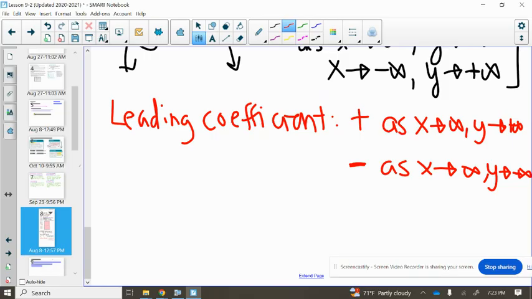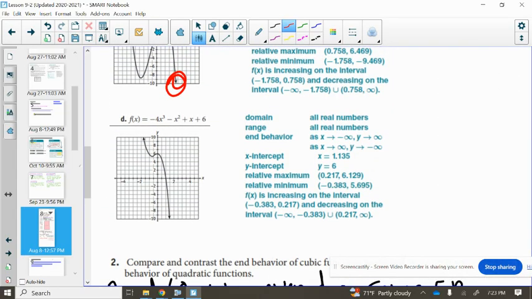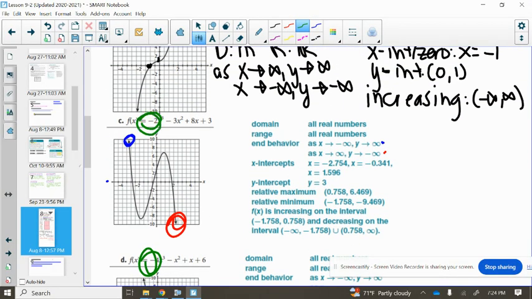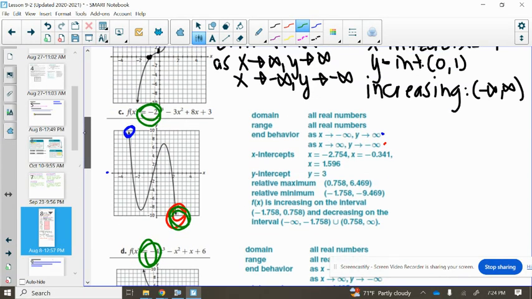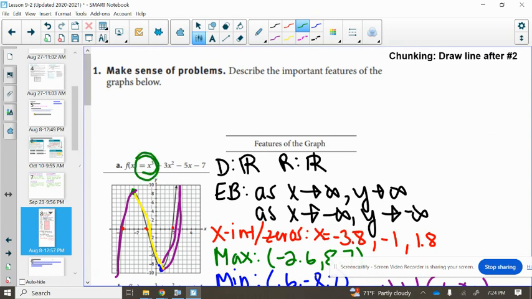Okay, so that's going to dictate what happens on the right-hand side of the graph. And we can see that here. For instance, we have this negative here, and this went to negative infinity to the right. Negative here, negative infinity to the right. But these graphs up above that were positive inside of here, so positive, going positive, positive, going positive.